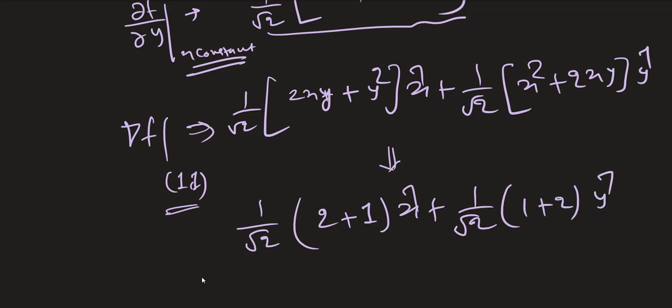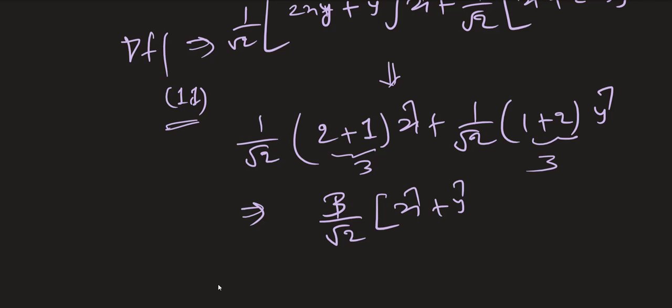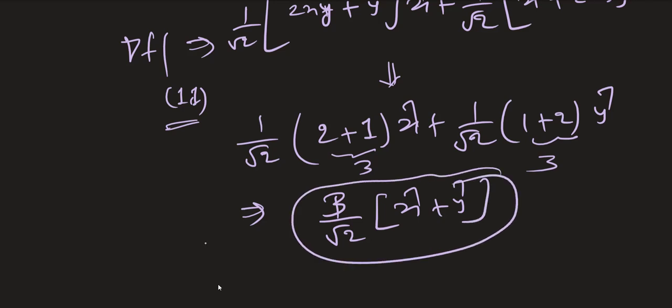After further solving, 1 by root 2 and this is simply 3, so 3 by root 2 will be out and we will be getting x cap plus y cap. So this is our del f at point 1.